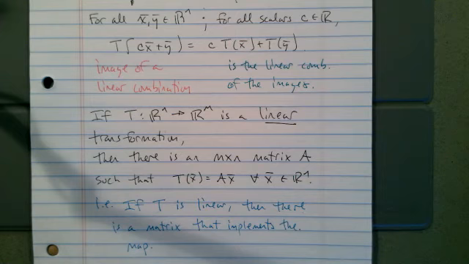A matrix transformation is a linear transformation, and a linear transformation definitely has a matrix that implements the map.